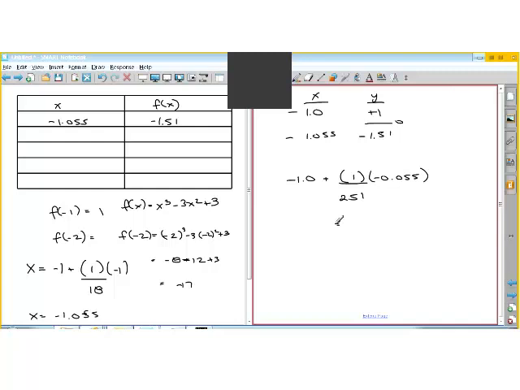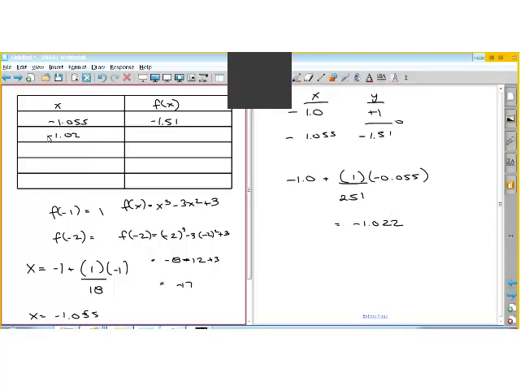So -1.0 plus 1 times -0.055 divided by 2.51, and I get, my new guess is -1.022.